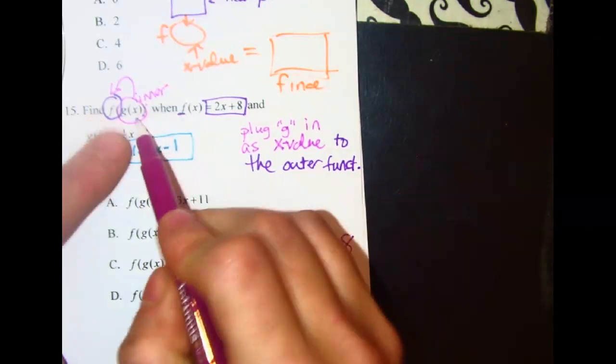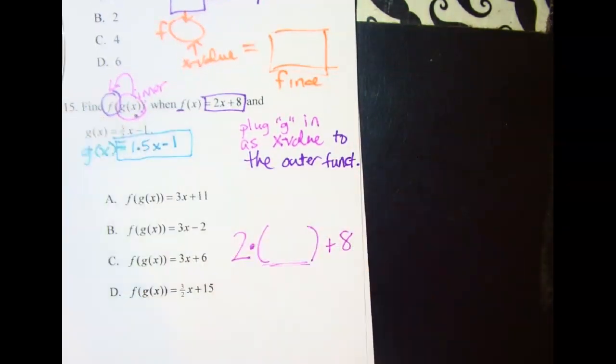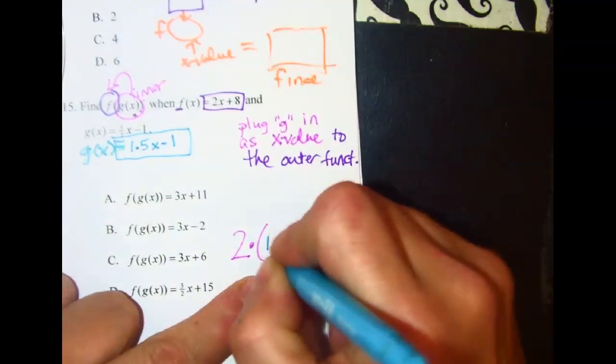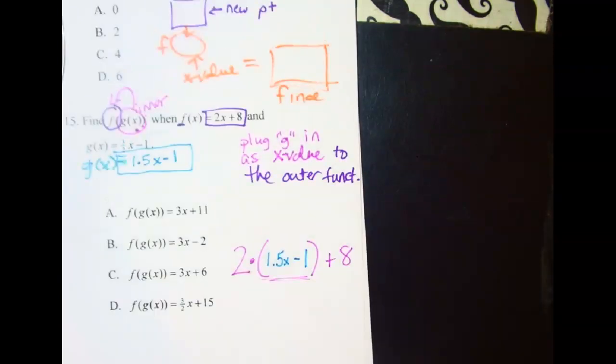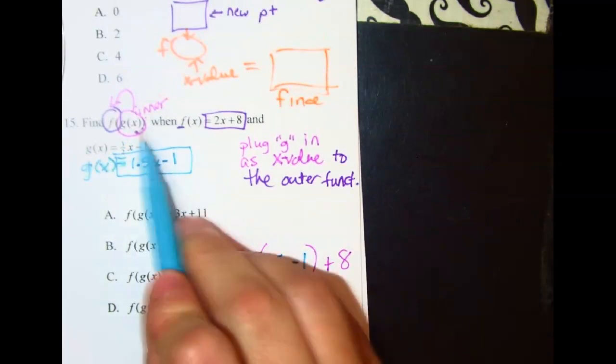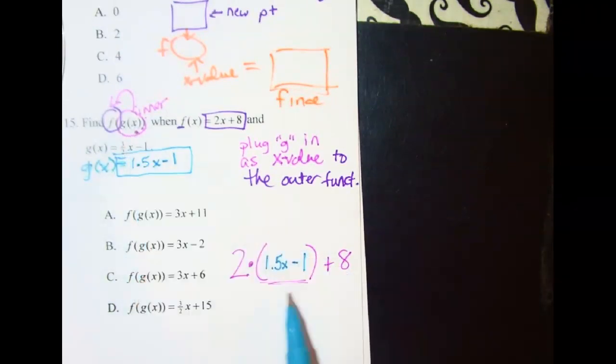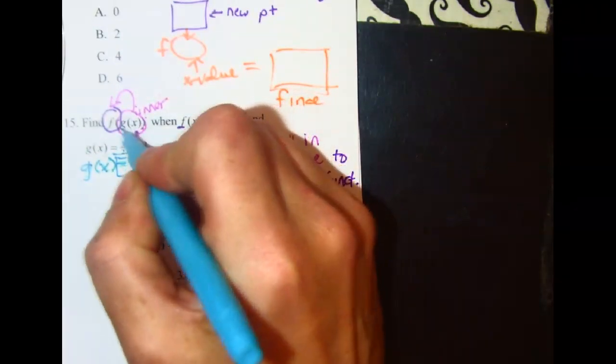Then I go back to my inner, and whatever my inner is, I'm plugging that right in there. So I plug this in: 1.5x minus 1. Instead of this x, I plugged in my inner function, which was the g.